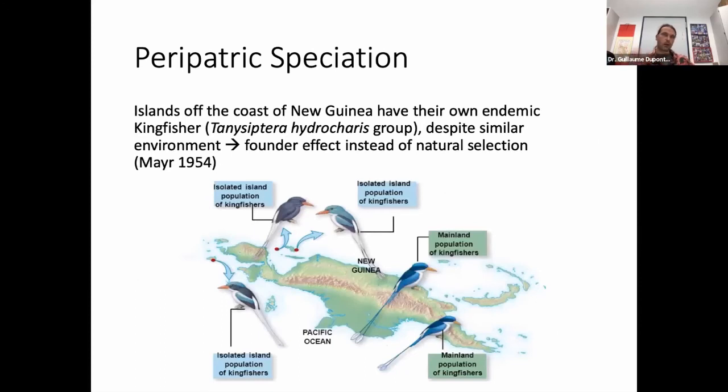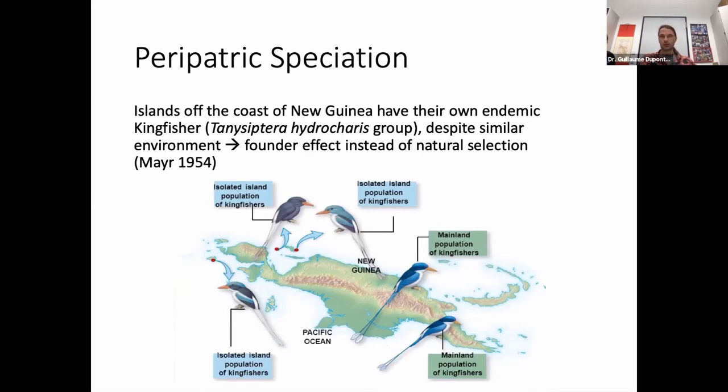So Ernst Mayr came to this idea when he studied kingfishers, these birds in New Guinea and surrounding islands, and he found that all these small islands have endemic species, looking kind of similar to a common ancestor which lives on the mainland, but the environment on these small islands is very similar to New Guinea.